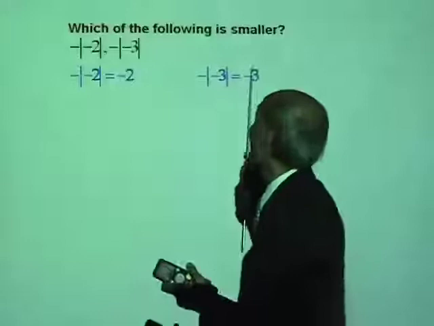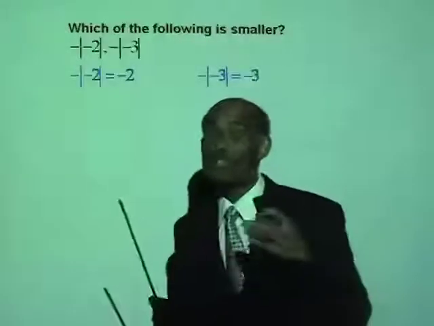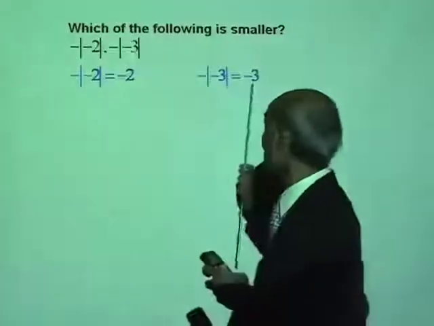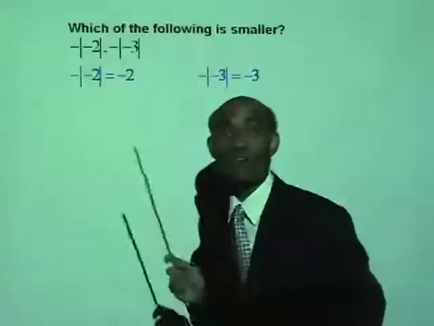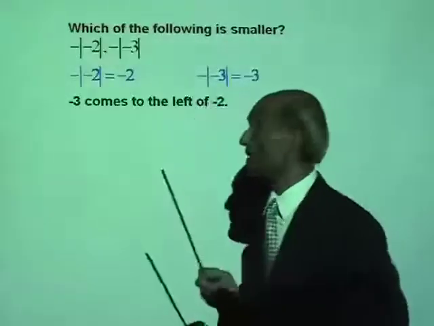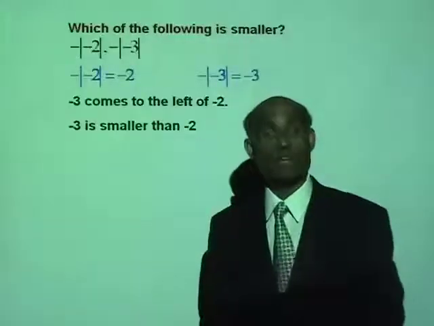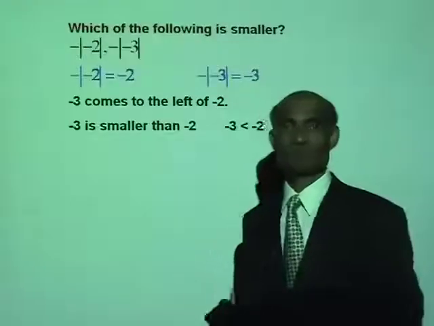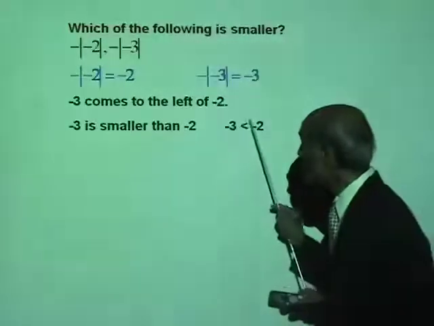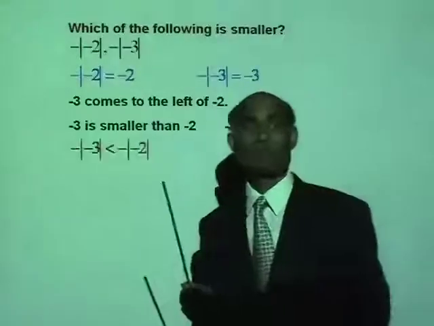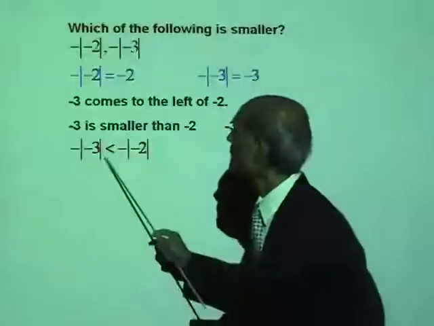Negative 2 or negative 3? Which is smaller? Which comes to the left? Negative 3 comes to the left of negative 2. Therefore, negative 3 is smaller than negative 2. Negative 3 is less than negative 2. Alright?